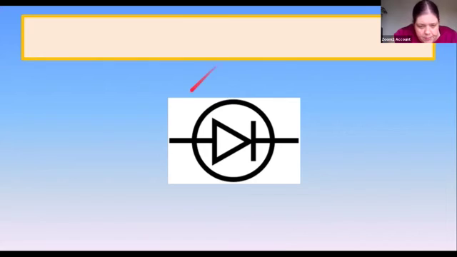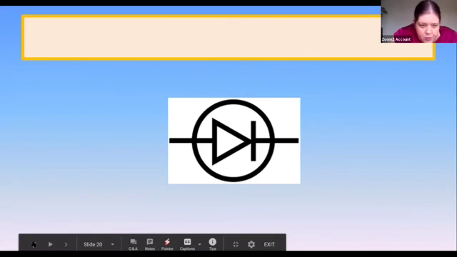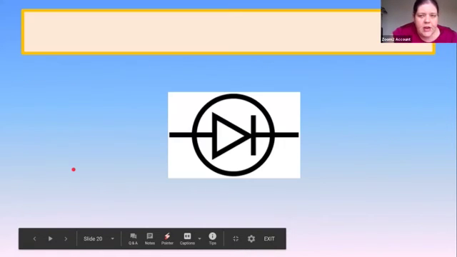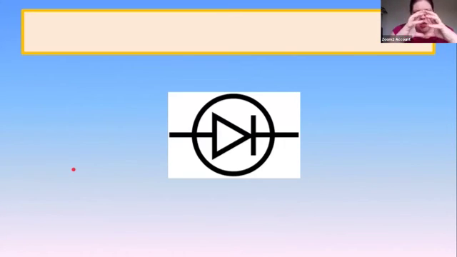Okay, now the filament bulb and a normal bulb, you've got LED bulbs, light emitting diodes, they're the fancy ones. A filament bulb symbol is the circle with the X in it. You may also see a circle with a line that goes sort of along and then up and loopy.